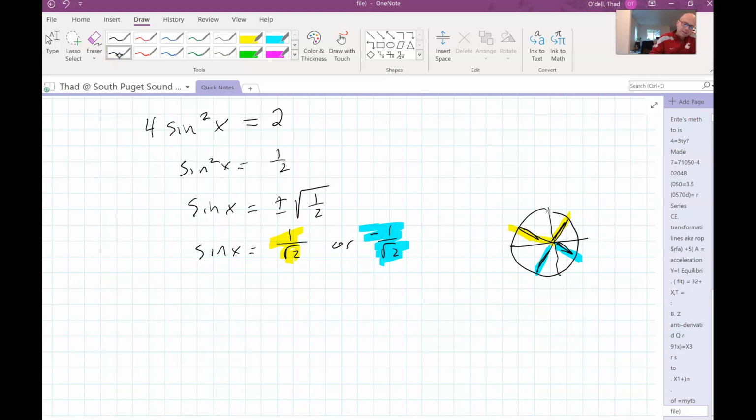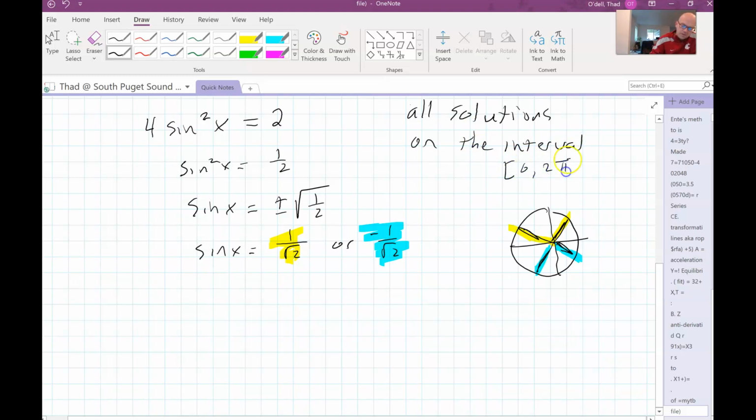And again, let's say that they wanted to find all solutions on the interval 0 to 2 pi. So then my answer would be x equals pi over 4, 3 pi over 4, 5 pi over 4, and 7 pi over 4.